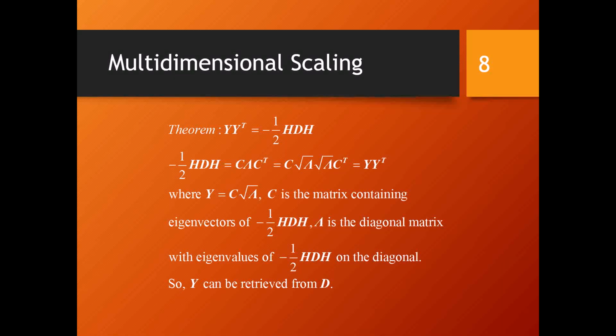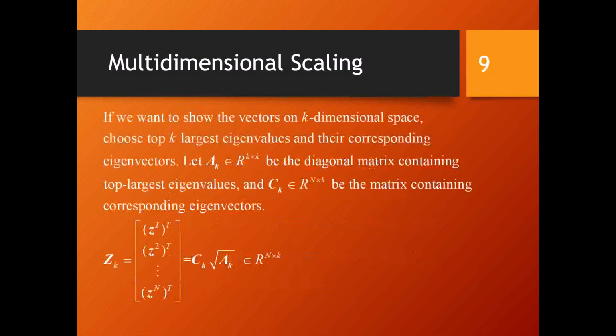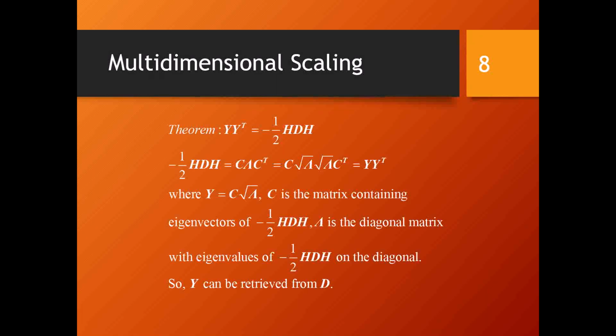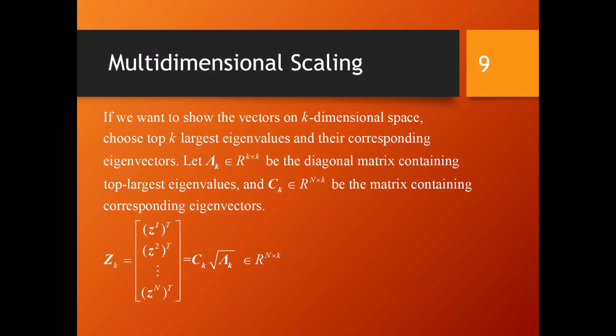So Ck contains the top k eigenvectors of -1/2 times H times D times H. And then, of course, lambda k is the diagonal matrix containing the top largest eigenvalues.